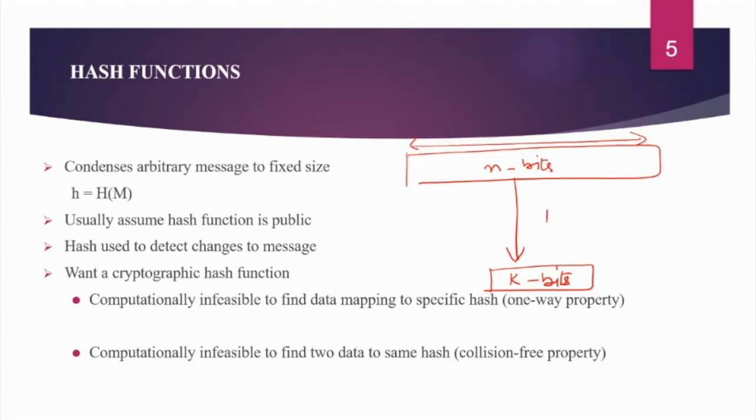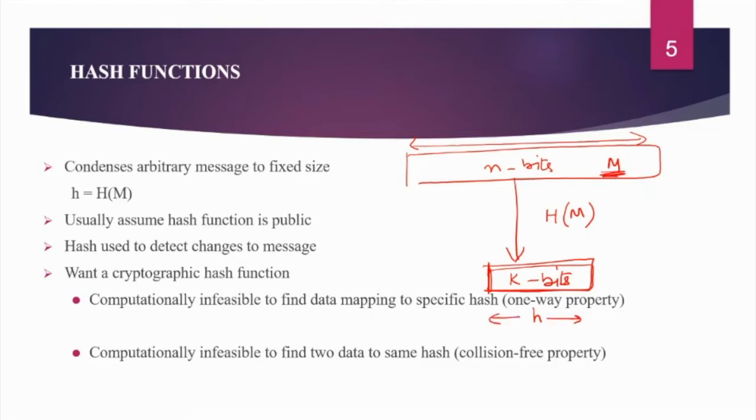There is a function, denoted by capital H, which takes the plain text message and converts it into a checksum, or condenses the message, and let's call this generated code h. This is called the hash value corresponding to this message.